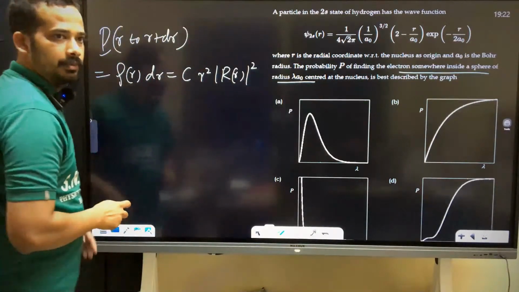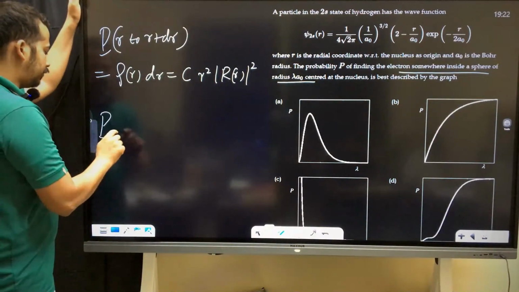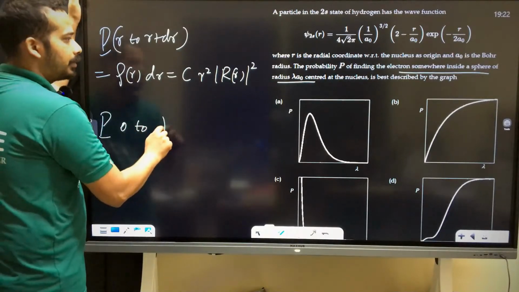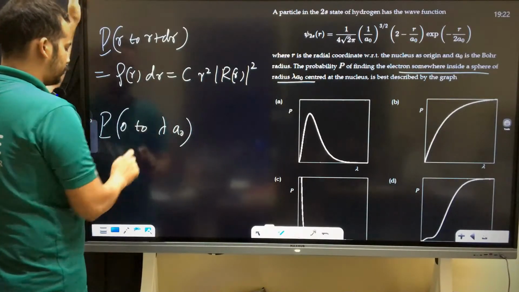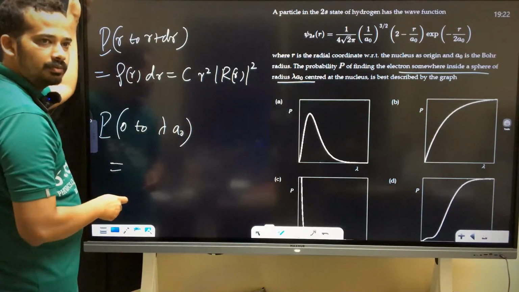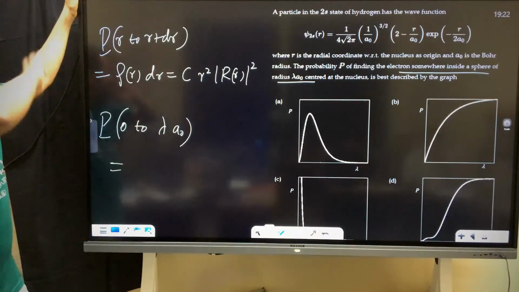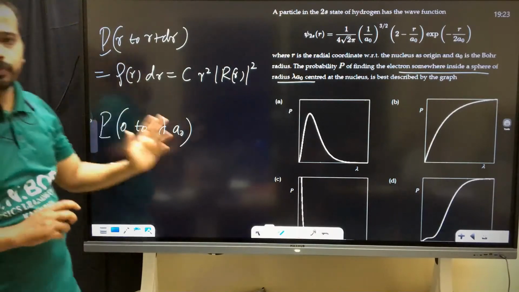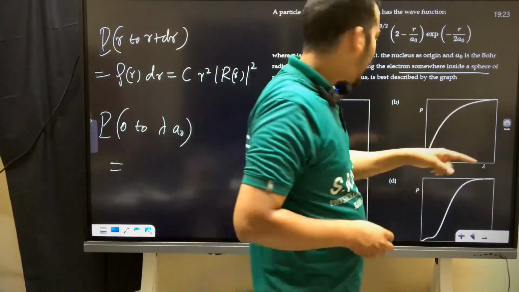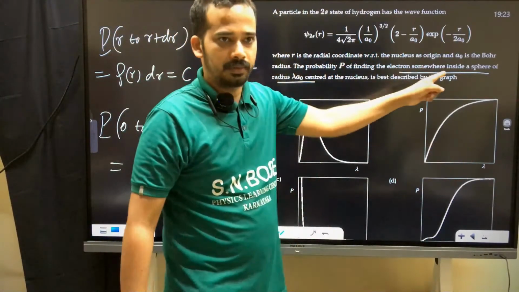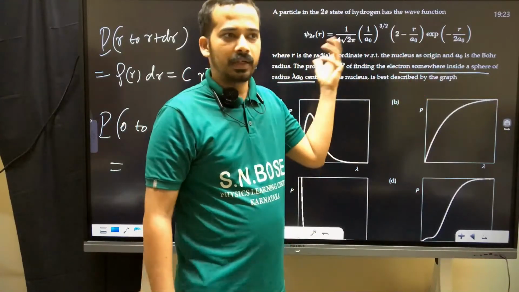Am I right? Now, if you want the probability from 0 to lambda a naught, what do you do? You just integrate this. Or you can start with the total wave function and integrate with respect to r, theta, phi, where r runs from 0 to lambda a naught. That also you can do.